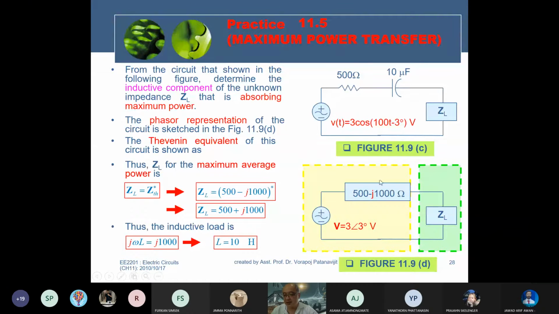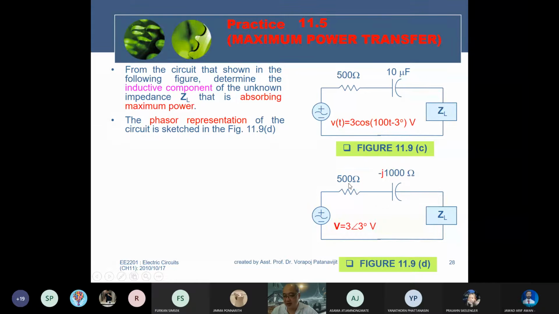The key in this step also, this will be minus 3 degrees. The impedance we will compute from the resistance and the capacitance using omega. In this case, omega equals 100. For the resistance, ZR is already equal to R, 500 ohm.